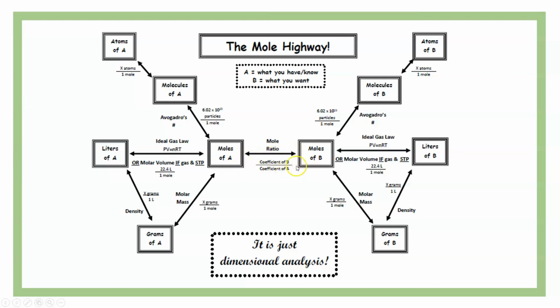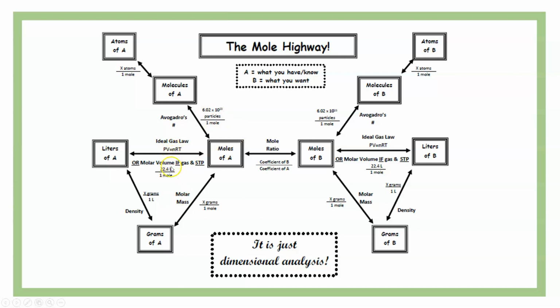That's where these numbers come from, okay? So you can see along the arrows, I told you what the conversion factor is. For example, grams to moles is molar mass, which will be a certain number of grams over 1 mole. Molecules to moles is Avogadro's number. You can see here 6.02 times 10 to the 23rd particles per mole, just like we've always done.